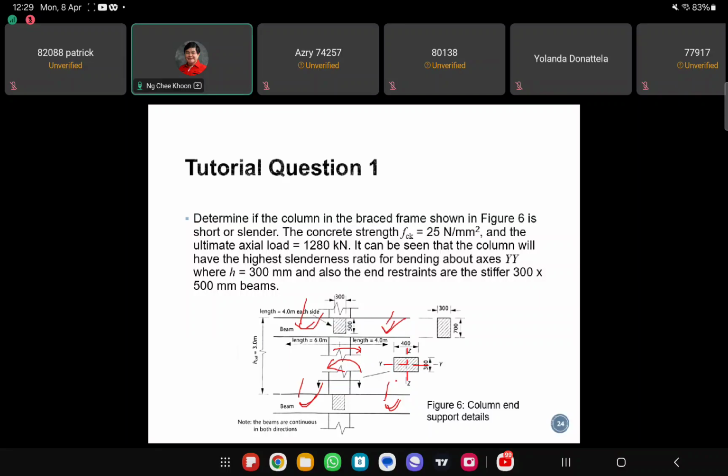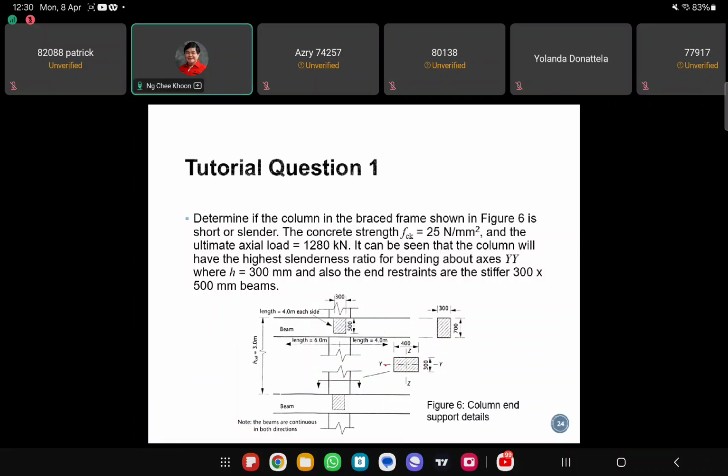Meaning that this beam and this beam, so this beam is this beam, and then this beam is this beam, right?